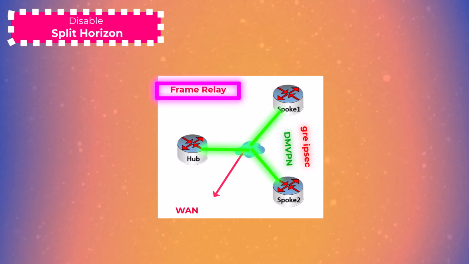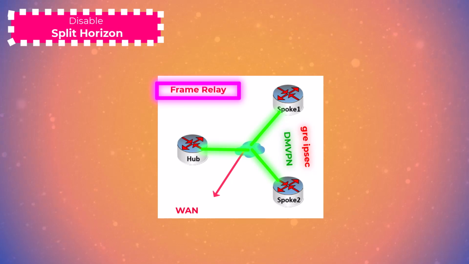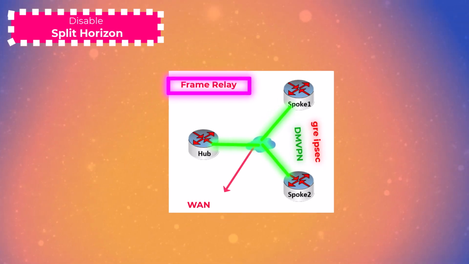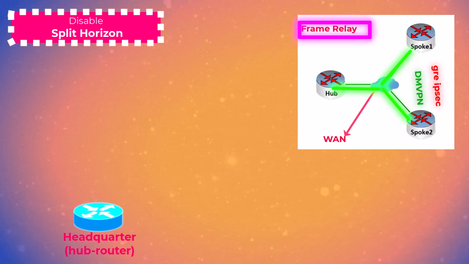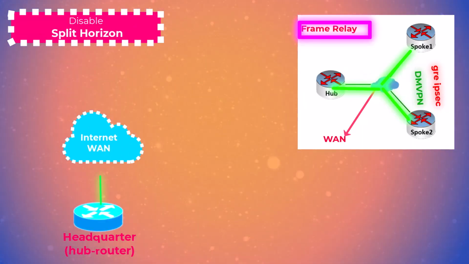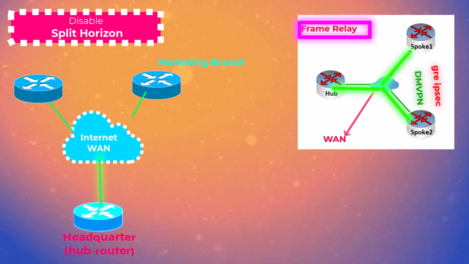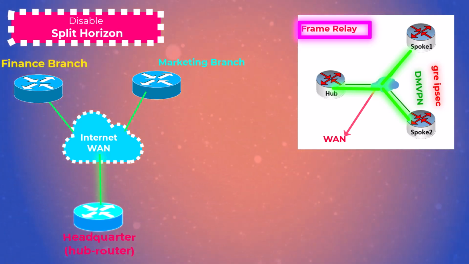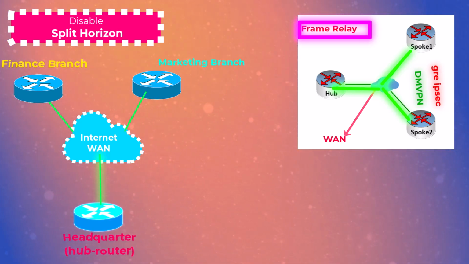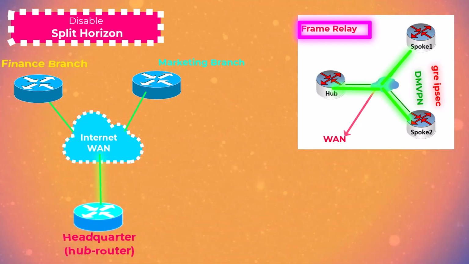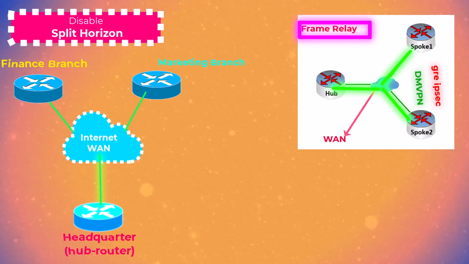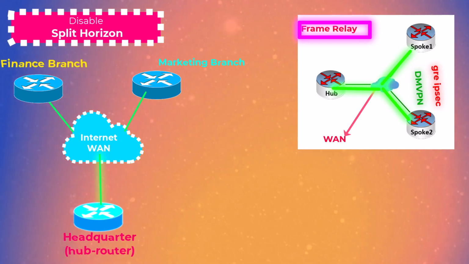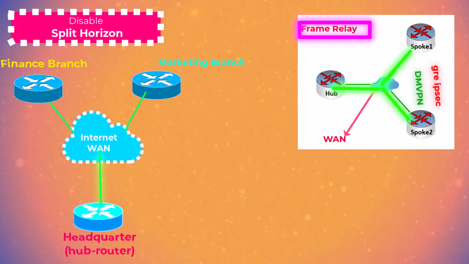If you ask me what exactly a hub and spoke topology is, look at this topology right here. You have one headquarters or central office and you have several branches in different locations. All of the branch LANs are connected to headquarters through tunnels over the wide area network, the internet.